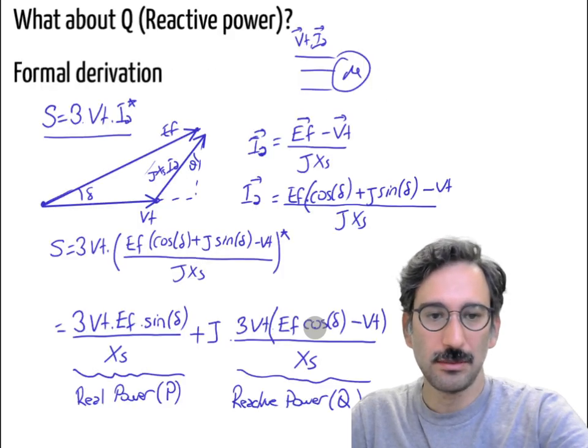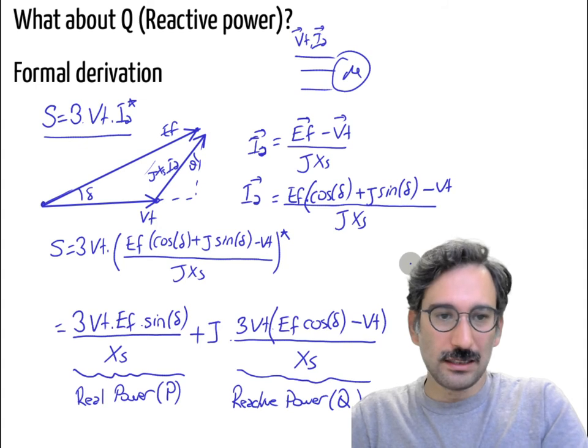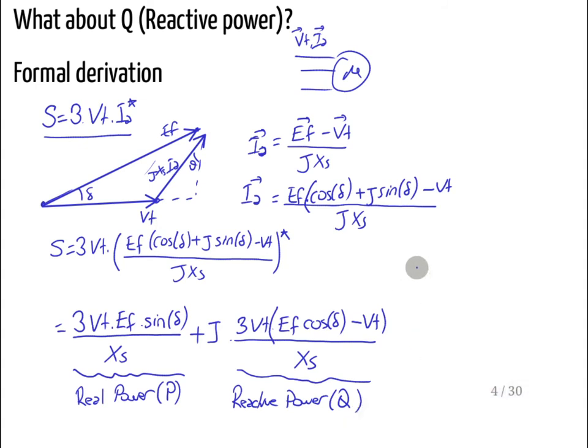So what does it mean? That means if it is overexcited, so let me write it here, EF gets larger with IF, field current.